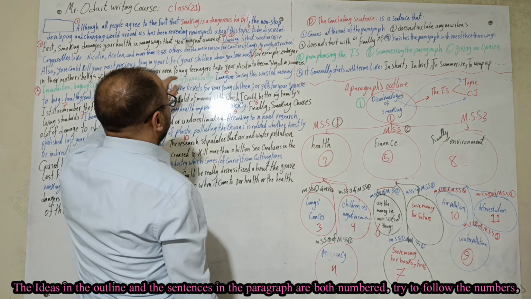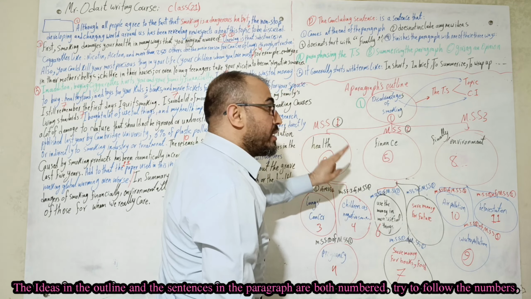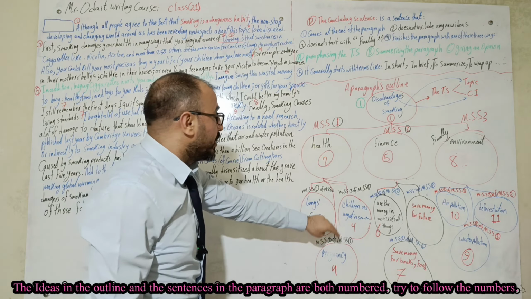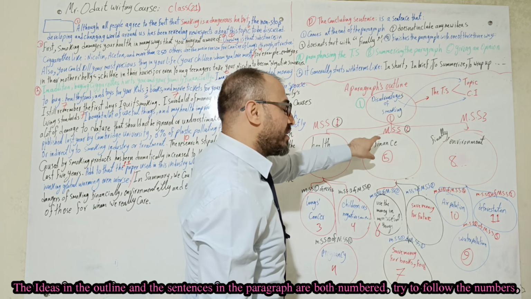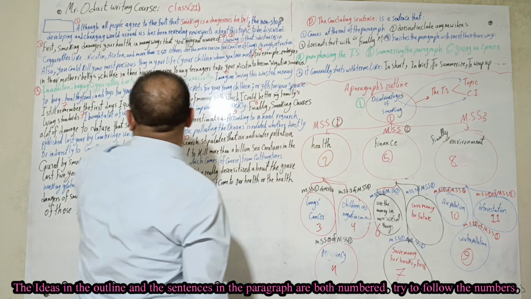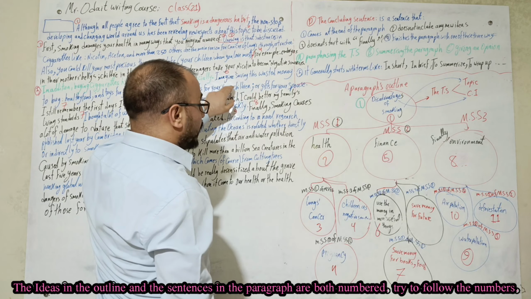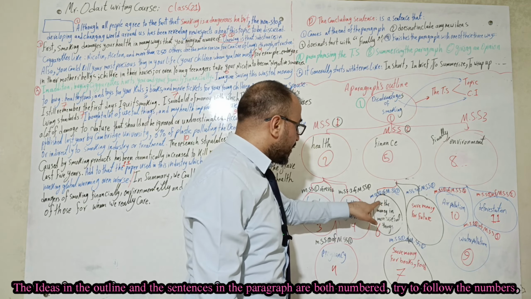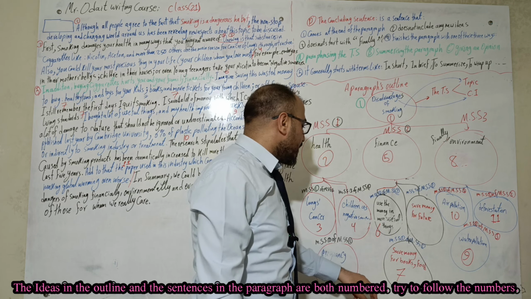And here in number 4, we have one sentence, but it carries 2 minor supporting sentences. And number 5 here is the second major supporting sentence, as you see in the green here, my friends. And then number 6 is the first minor supporting sentence of the major supporting sentence number 2.